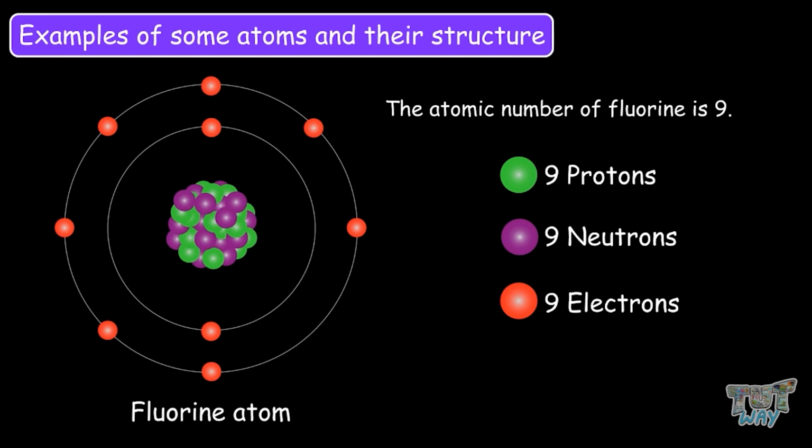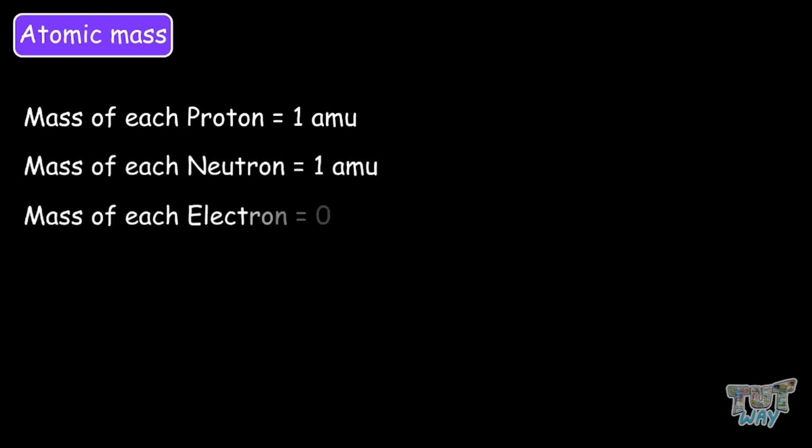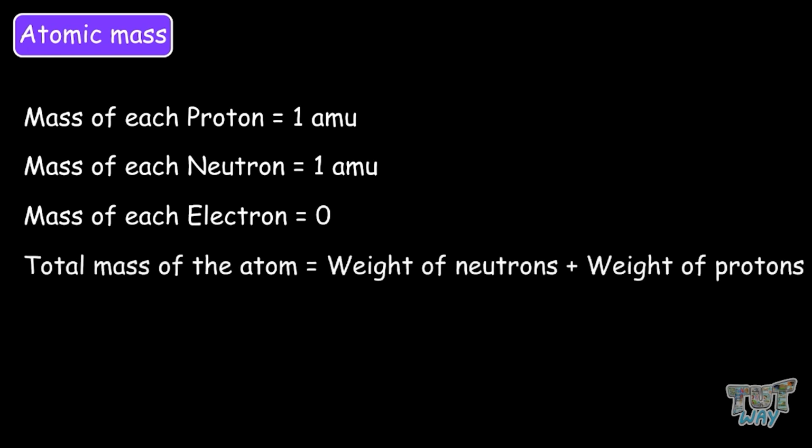Now, let's learn what atomic mass is. We learned that the mass of each proton is 1 AMU, and the mass of each neutron is also 1 AMU, and electrons have negligible mass, so the total mass of the atom is the weight of the neutrons and protons.